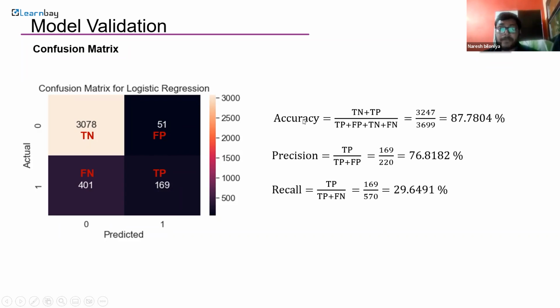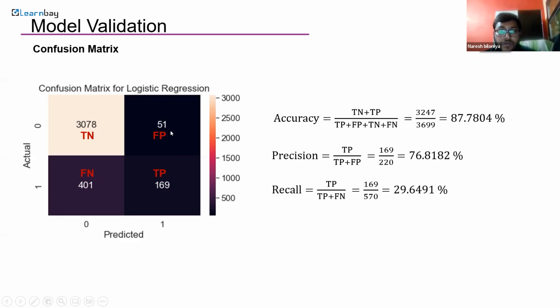Now, what is accuracy? Accuracy is just the ratio of the total correctly predicted outputs divided by the total outputs. True negative means it was negative and the model also predicted negative, and true positive means it was actually true and the model also predicted true.